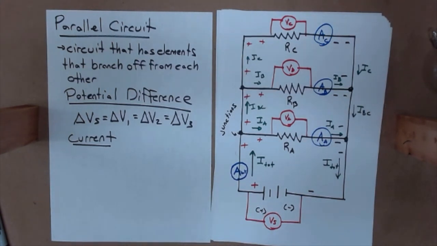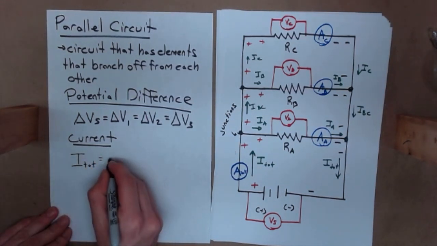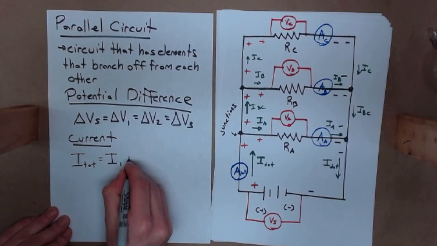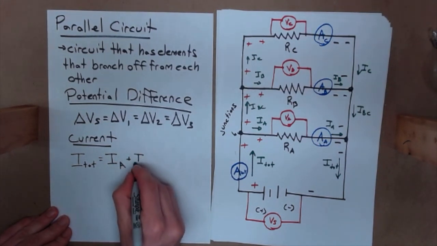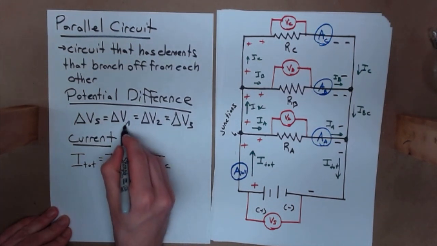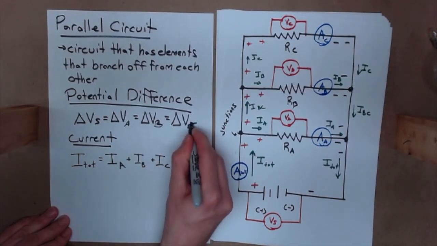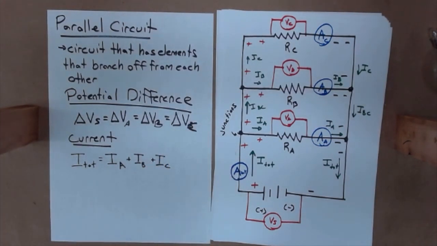And so if we go back to here, we can see that the total current is equal to IA plus IB plus IC. I'm sorry, I should be using letters here, and this should also be letters, right? Let's see how well I can make this work. IA equals IA, IB plus IC equals IB plus IC.